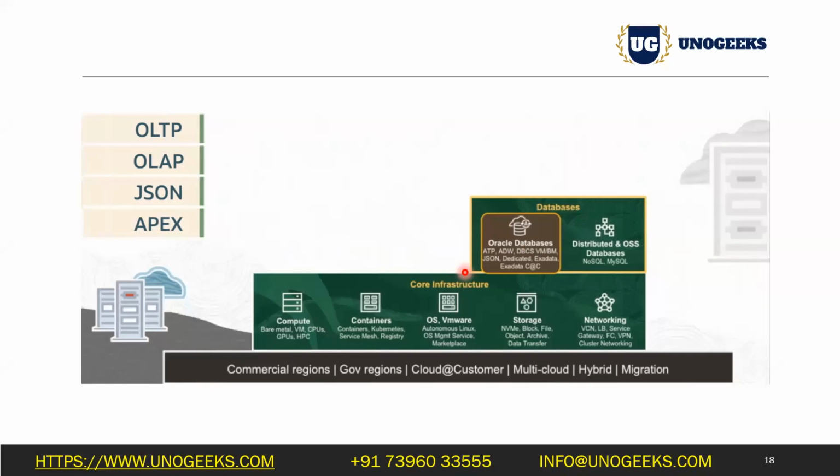Okay, one last question. Who will decide which one to use, ATP or ADW? Who will normally decide this? If you have your team, like what application you are using, or if you have some custom-built application that requires an OLTP or data warehousing model, it will be decided by your functional team or the developer who develops that particular application.